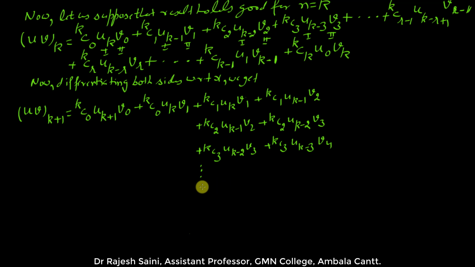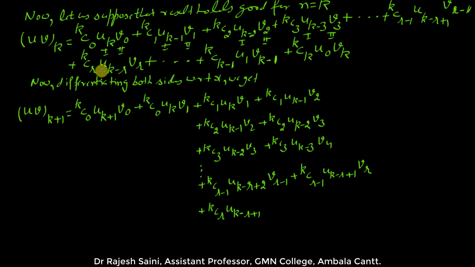Now differentiation of this one, plus kc(r-1) u_(k-r+2) v_(r-1) plus kc(r-1) u_(k-r+1) v_r, fine, plus kcr u_(k-r+1).